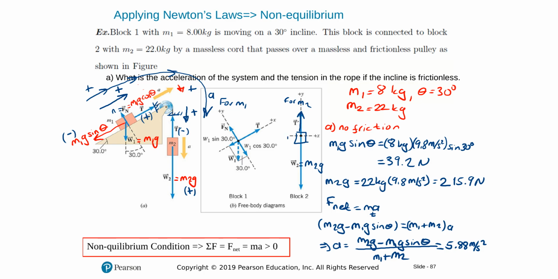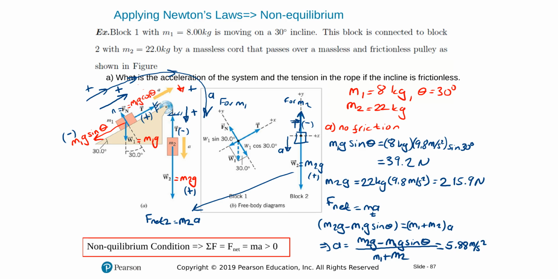The system is moving down, acceleration is down, M2G is plus, T is minus. We already decided that, right? The tension is minus here. Let's call it tension, not tension prime. If I apply Newton's laws to mass 2 only, F net 2 is equal to M2A.